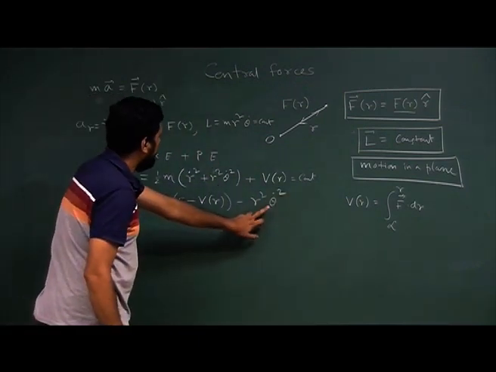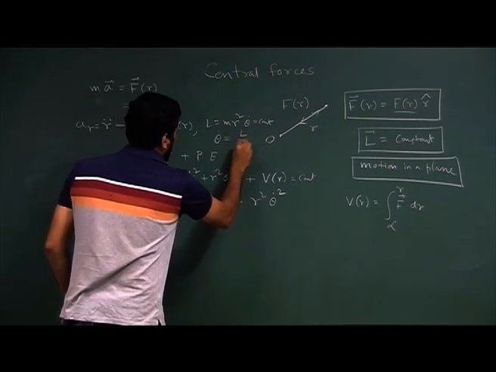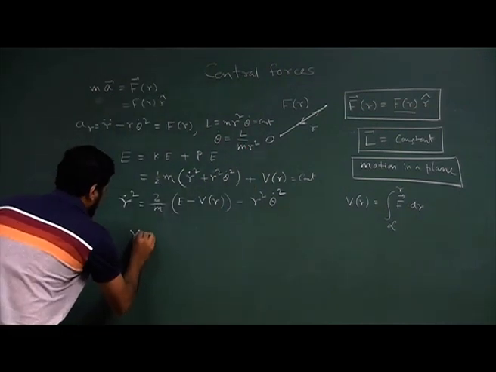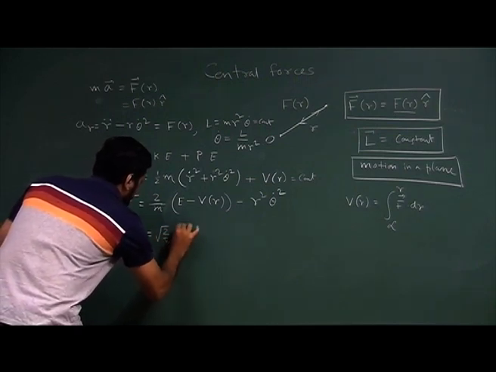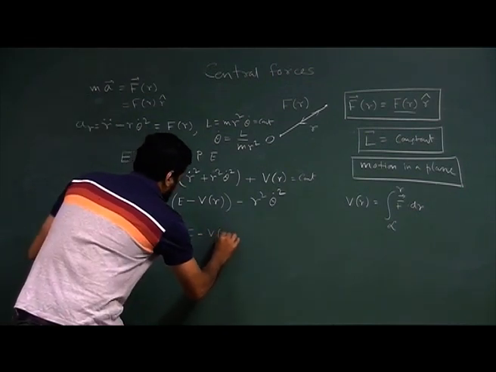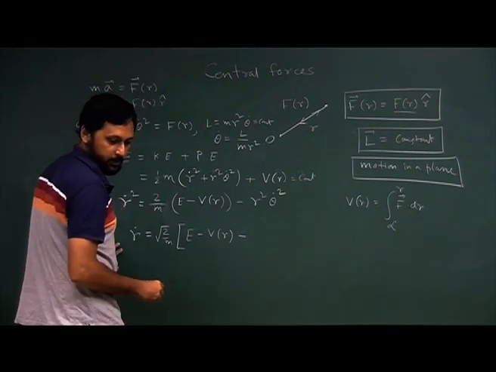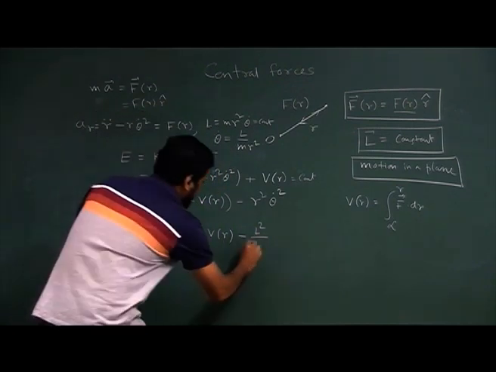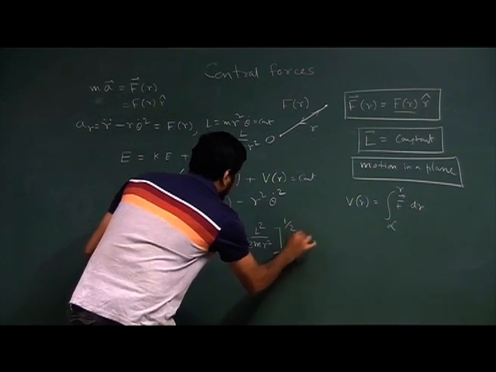And if we substitute theta dot is equal to L by m r square from this relation, we see that r dot is equal to root over 2 by m times E minus V of r minus L square by 2 m r square, whole to the power half.